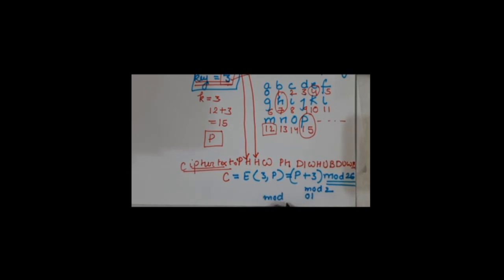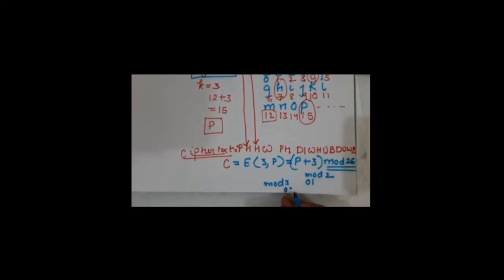If I say mod 3, it means 0, 1, 2. If I say mod 6, it means 0, 1, 2, 3, 4, 5. And if I say mod 26, it means 0 to 25. We'll be discussing modular arithmetic in module 2. Do not go deep into what mod or modular arithmetic means; we'll discuss that in brief in unit 2.